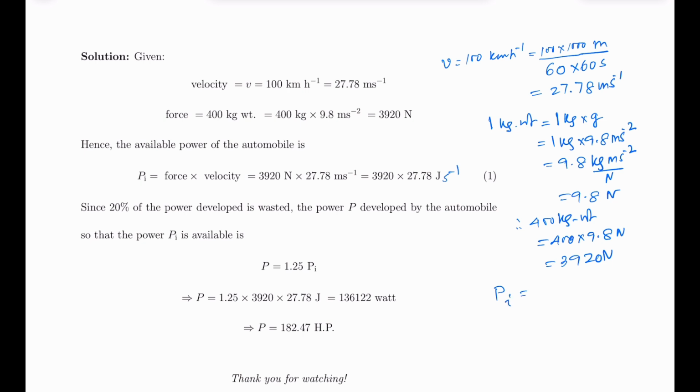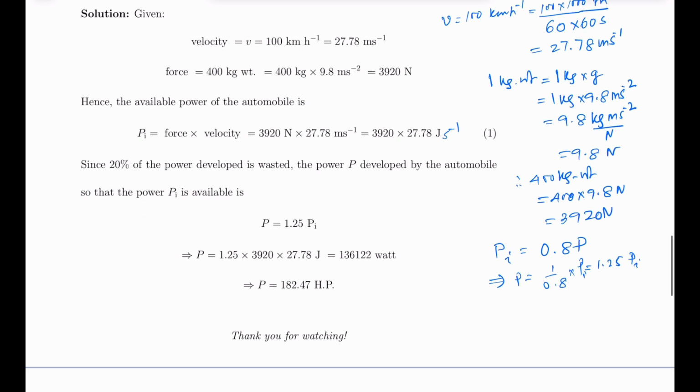Pi is simply equal to 0.8 into power developed. So power developed कितना हो जाएगा, 1/0.8 into Pi. So this is 1.25 Pi. ठीक है, यही हमने यहाँ पर लिखा है 1.25 Pi.